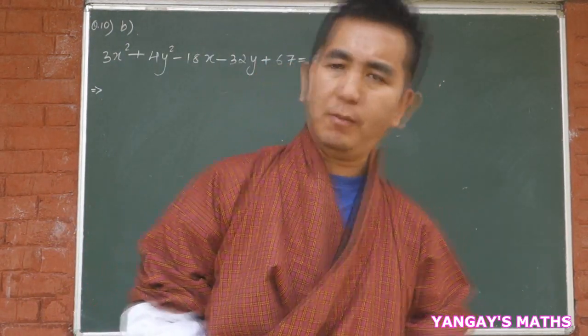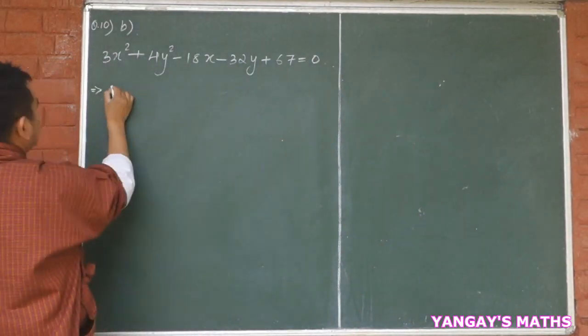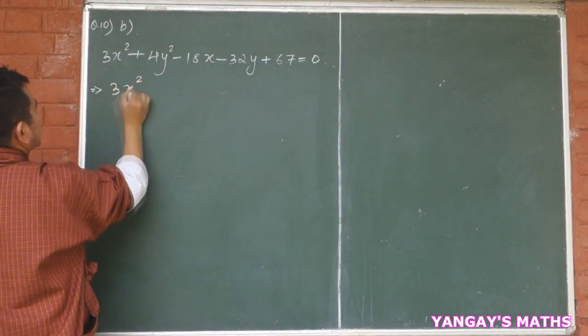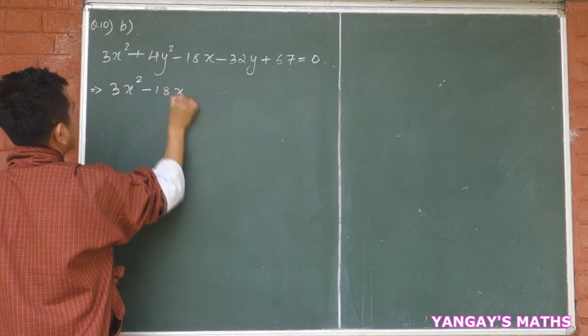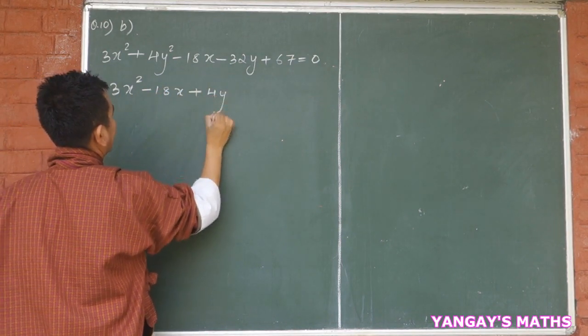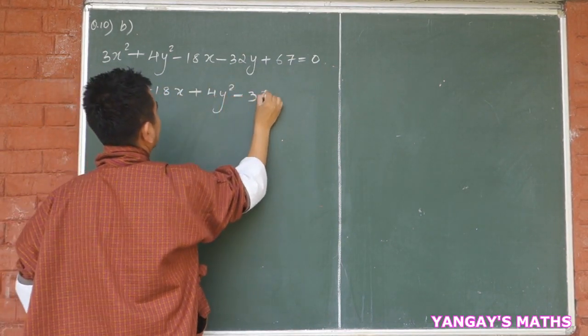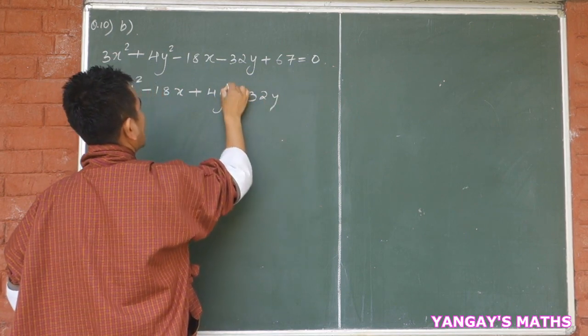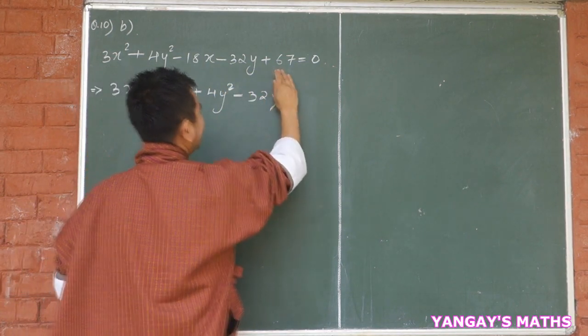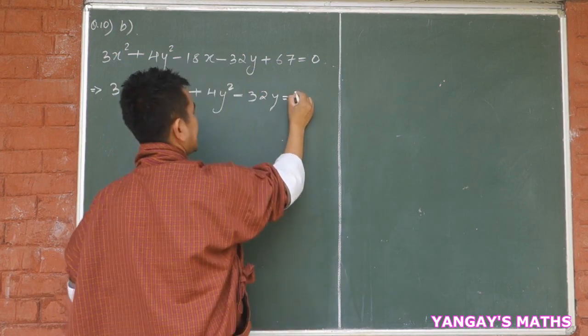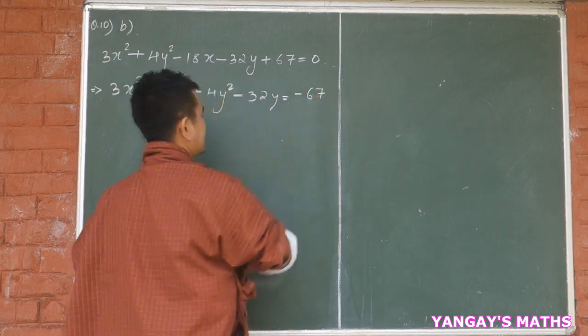k whole square form. For that, let me rewrite this one as 3x square minus 18x plus 4y square minus 32y, equivalent to, taking the constant on the right hand side, negative 67.